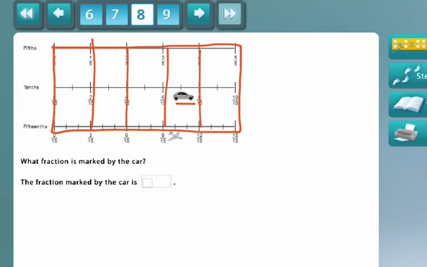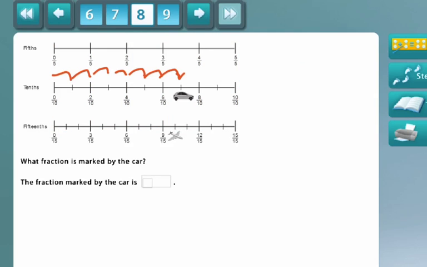So the car is right here. Basically, you're saying the car is in between 3/5 and 4/5. But what is the car named right here on this fraction bar? If I count the unit fractions, it's 1, 2, 3, 4, 5, 6, 7 tenths is where the car is located. So you look at the unit fractions and you look at the car and determine the unit fractions, and that would tell you the location of the car.